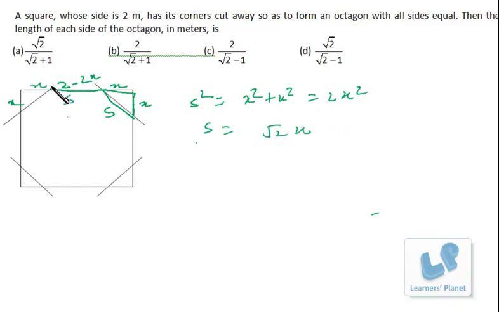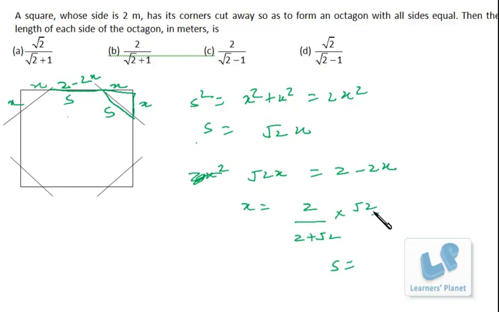Now we can equate this length to this length. So root 2 x is equal to 2 minus 2x. Okay, so x will be 2 upon 2 plus root 2, and the length of side is root 2 x, so the side will be root 2 times this.